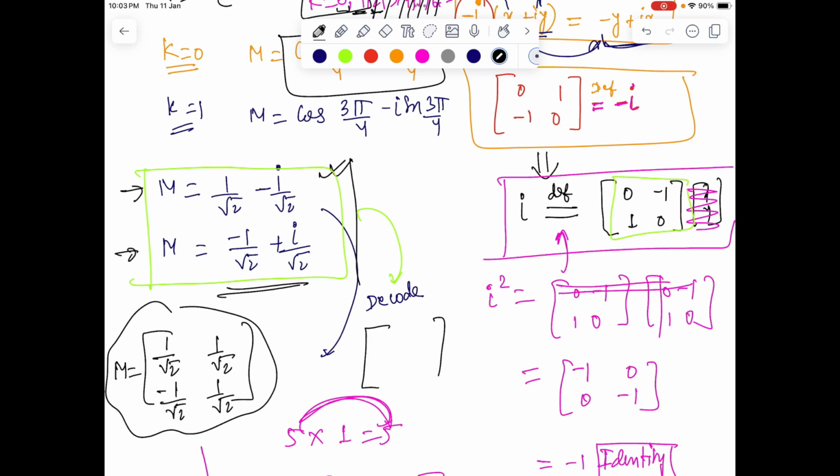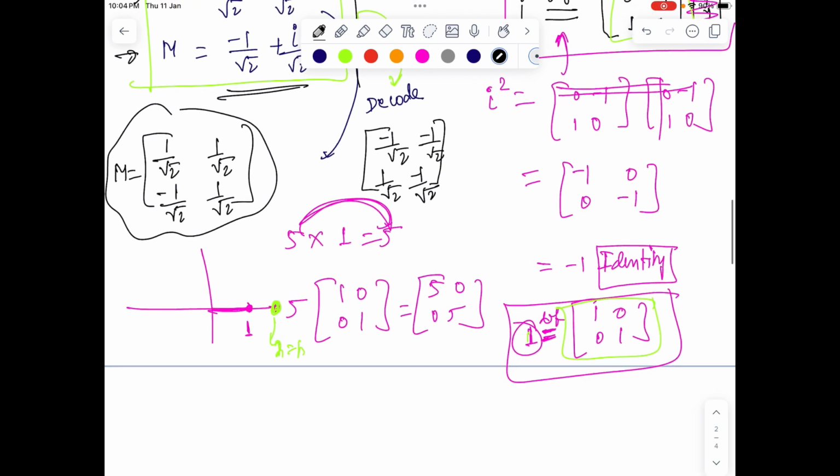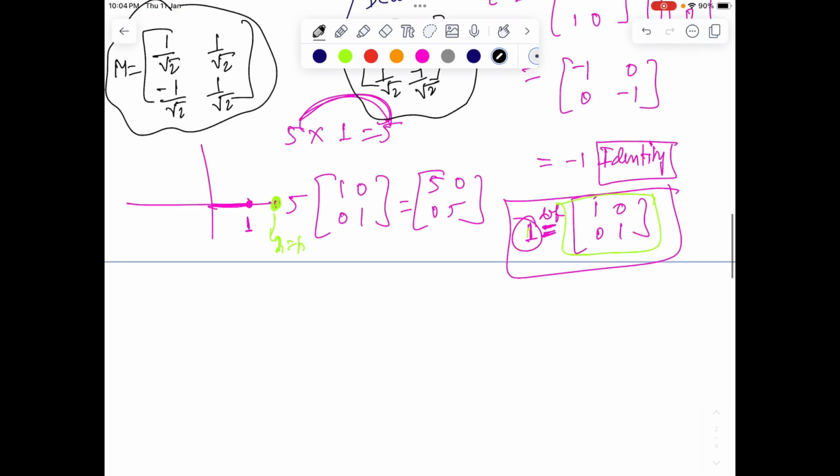So this is one of the solutions for our matrix. The other solution, if we decode it back to our world, is going to be minus 1 by root 2, minus 1 by root 2, and this is 1 by root 2, minus 1 by root 2.